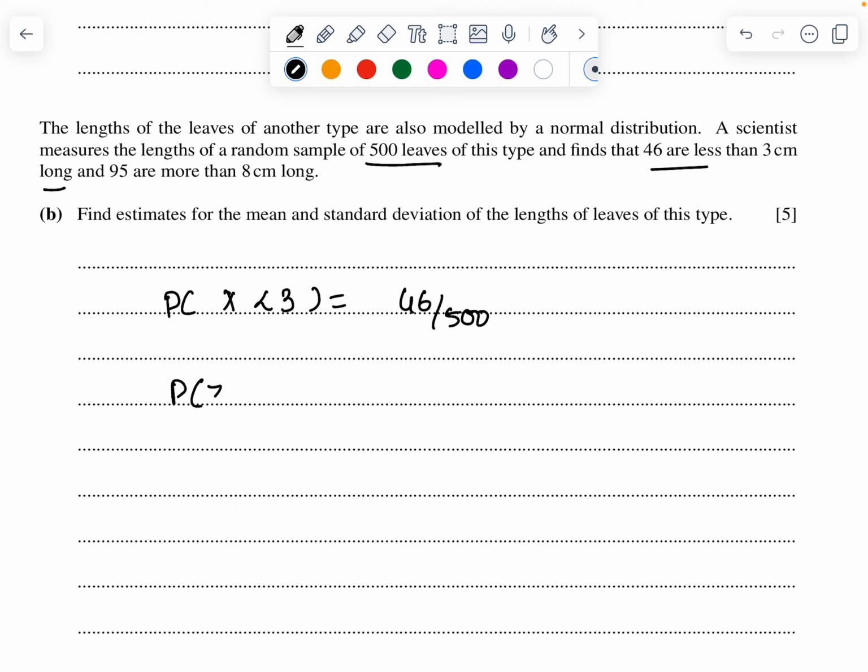So probability of z less than 3 minus mu upon sigma equals, what am I going to do? I am going to do 46 divided by 500, which is going to be 0.092. But 0.092 will not be there in the table. So 1 minus that gives me 0.908.